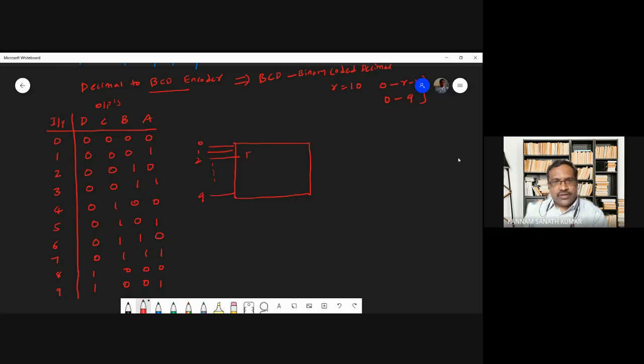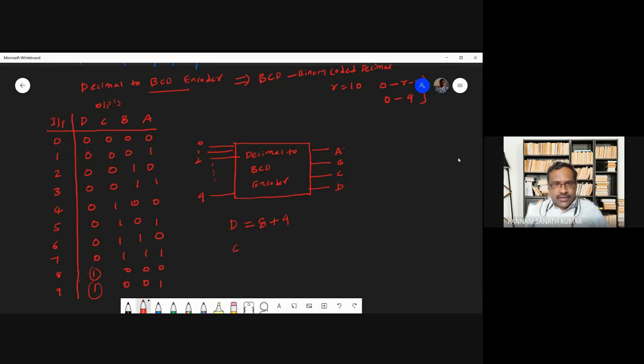This is the decimal to BCD encoder, and you have four outputs A, B, C, D. If you observe the output D, wherever you have 1, you have to write it. 8 is 1 and 9 is 1, so simply, D equals 8 plus 9.